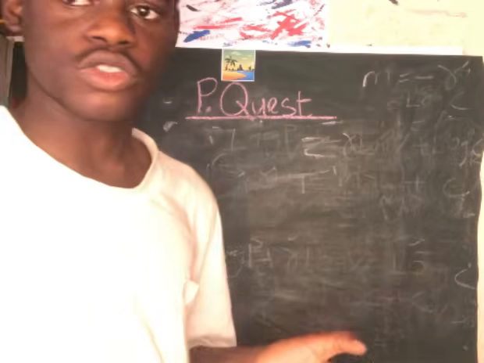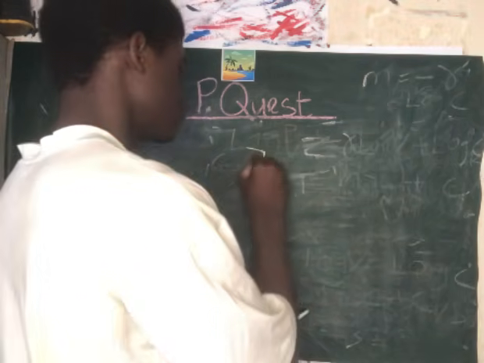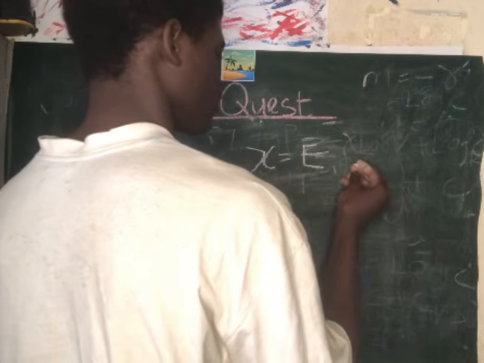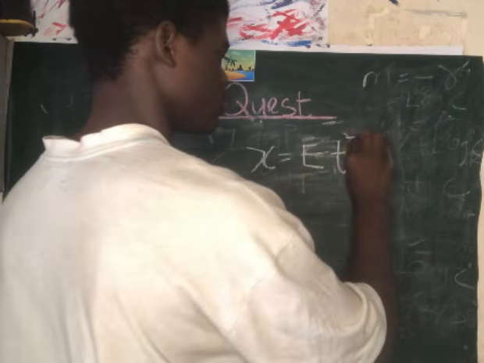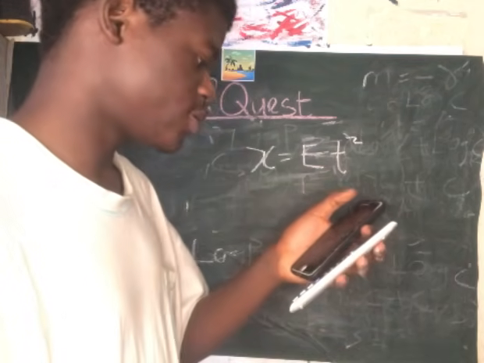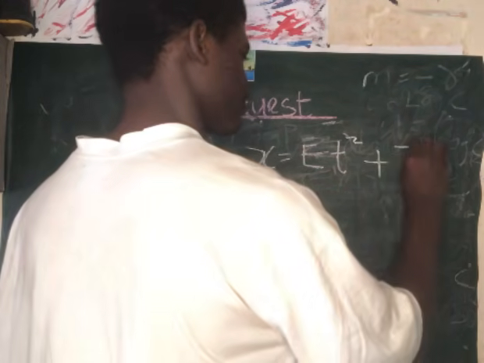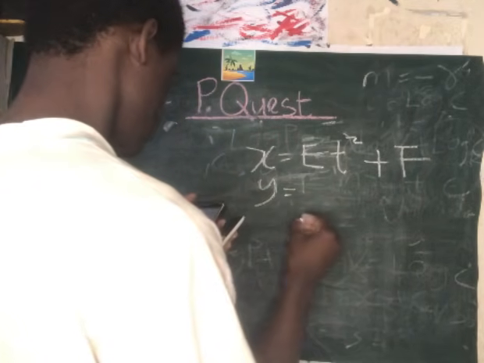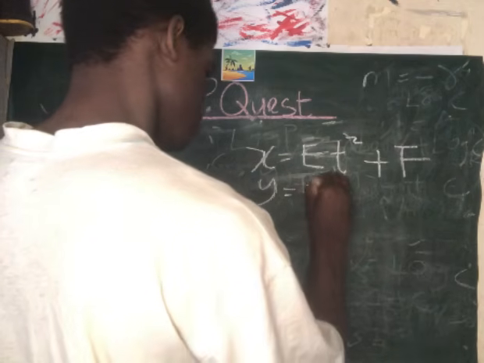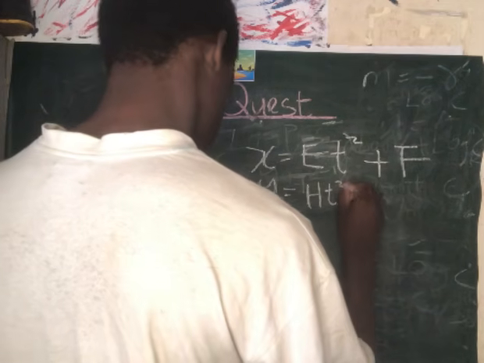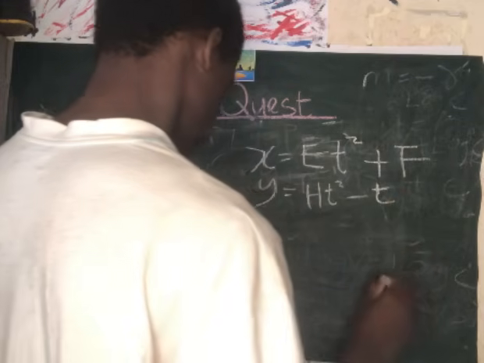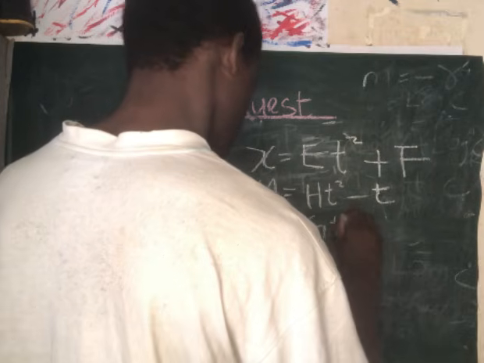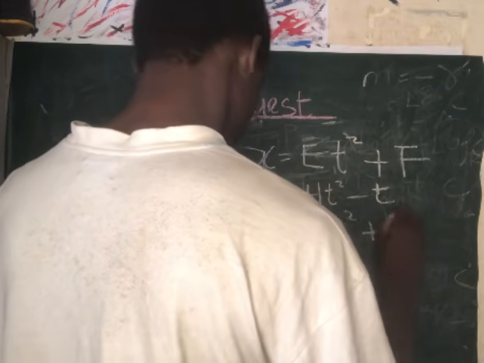So let's go to question number 14. Given x is equal to et squared, x is equal to et squared plus f, and y is equal to ht squared minus t, and z is equal to gt squared plus g.